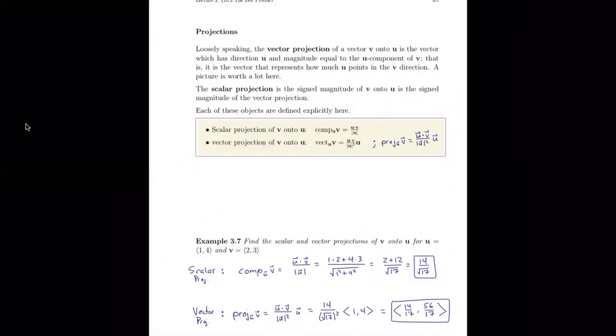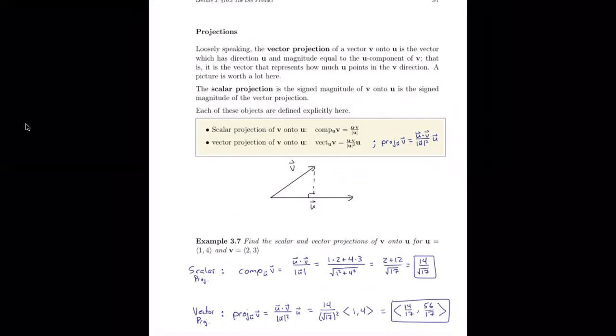Okay, to see that in pictures might help. We have the following. Oops, sorry, we're doing v onto u. So let's say v, it's easier to see things this way, onto u. The vector projection of v onto u, by this drawing, to help us visualize what's going on, we drop this perpendicular line here. It's as if it's the shadow of v onto u in some sense.